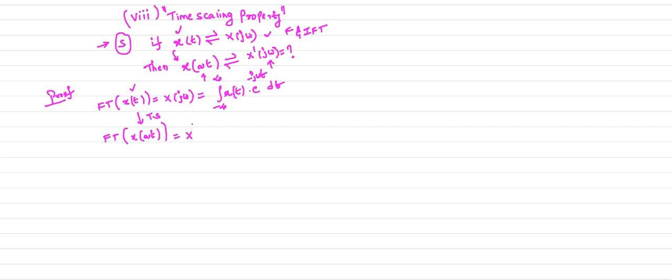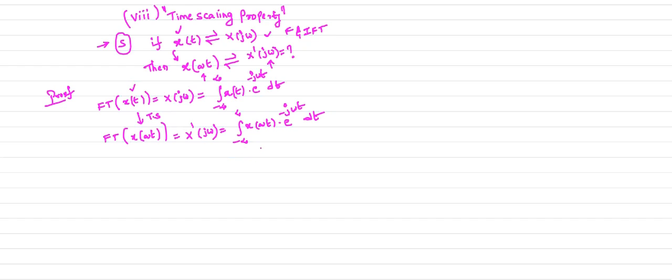The corresponding Fourier transform is x dash of j omega, which is the integral from minus infinity to plus infinity of x of at into e power minus j omega t dt. So that is the equation.